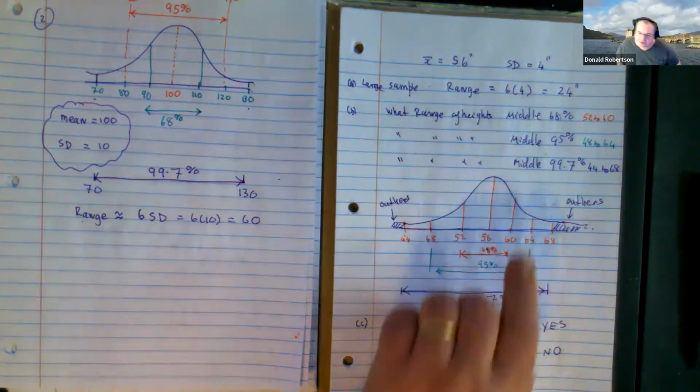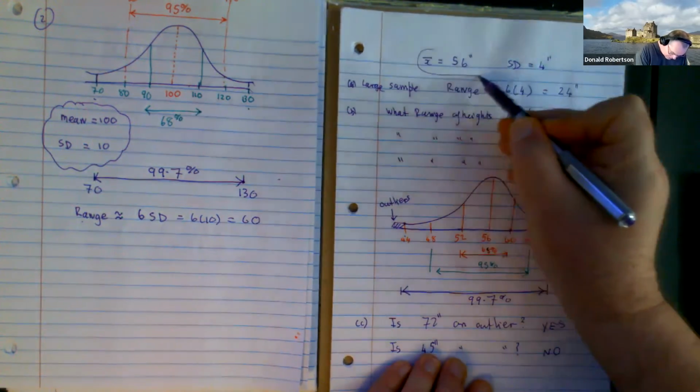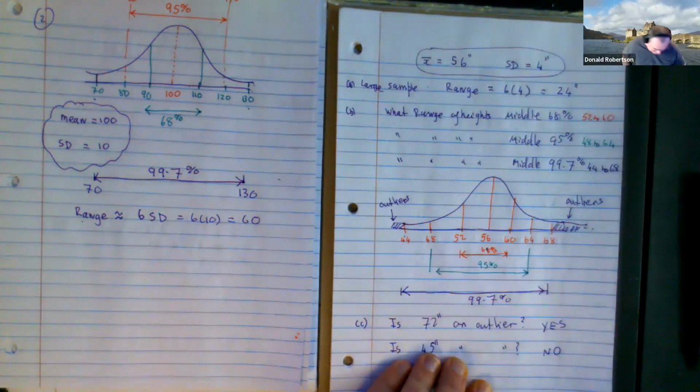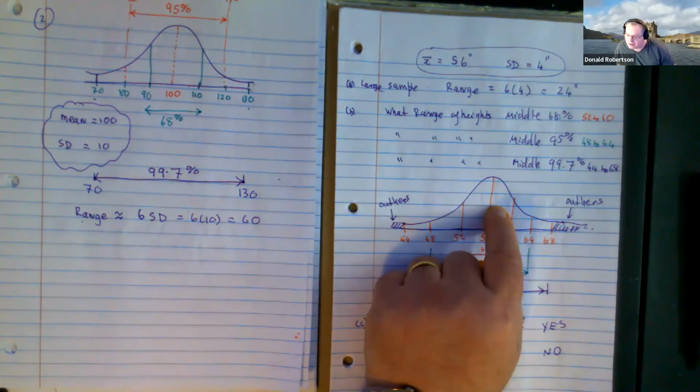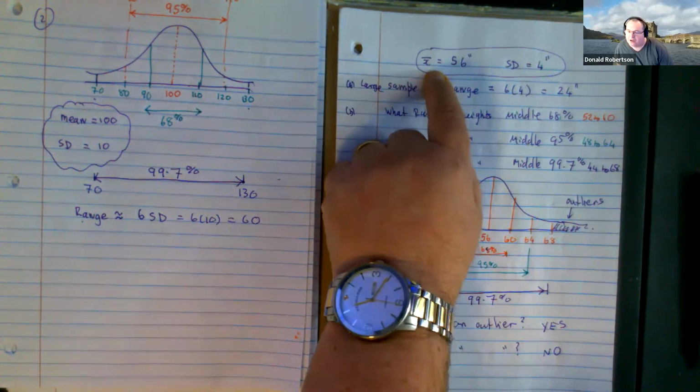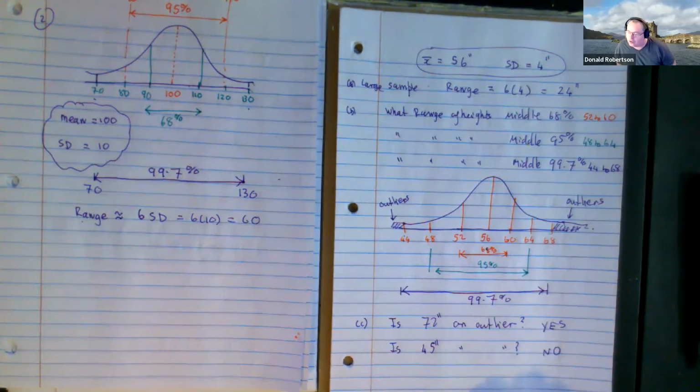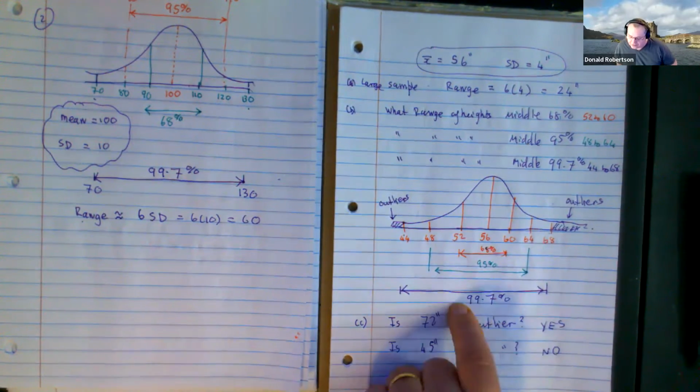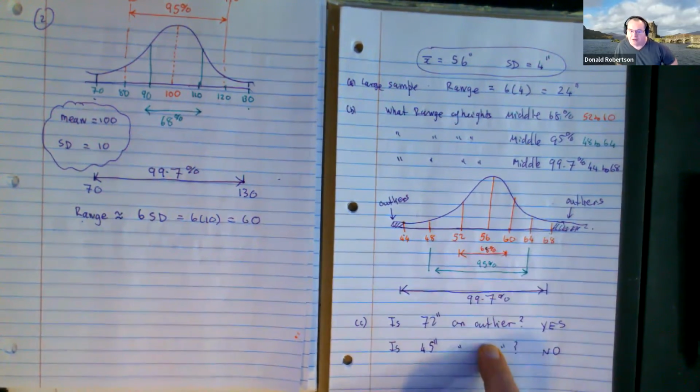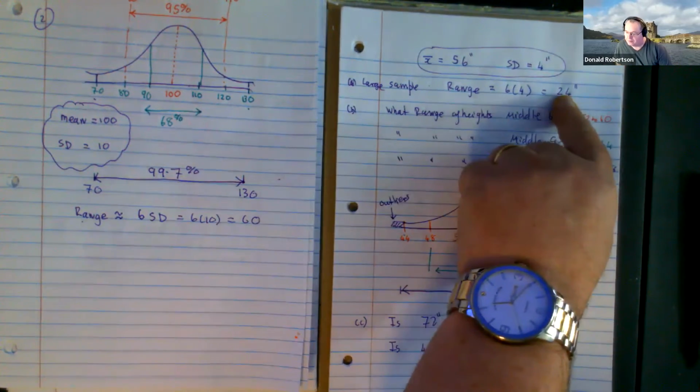Isn't this quite useful? If all I know about my data is that it's symmetric, and I know the mean and standard deviation, can't I tell you all sorts of things about it? Like, this is an outlier, that's not an outlier. This is what the range would be, roughly.